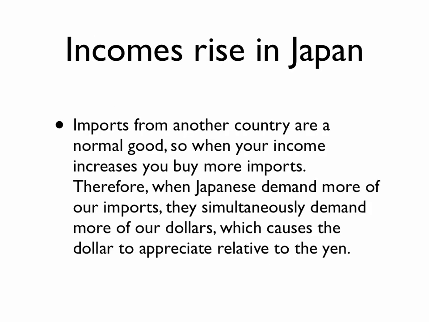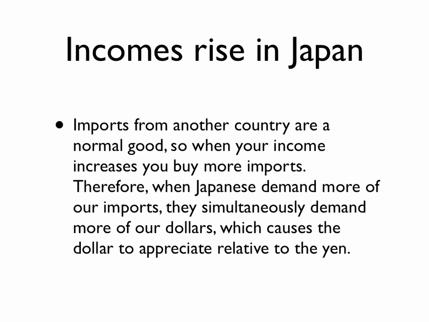If incomes rise in Japan relative to the U.S., imports are a normal good. So if incomes in Japan rise, that means they're going to want to import more of our goods. Therefore, they're going to buy more of our goods. In order to buy our goods, they need dollars, which means the demand for dollars in the dollar market increases.